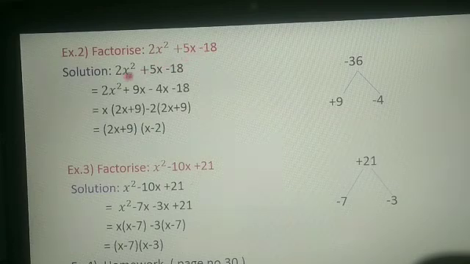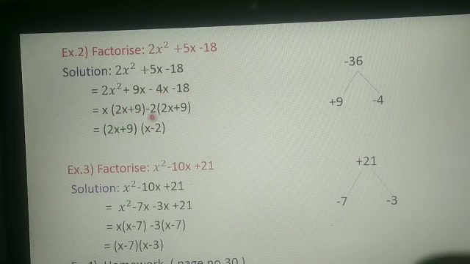So let us solve 2x square plus 5x minus 18. Let us split the middle term. 2x square will be as it is, plus, here instead of 5x what will we write? Plus 9x and minus 4x, then minus 18. Now from these two terms what will we take common? x, and inside the bracket 2x plus 9.